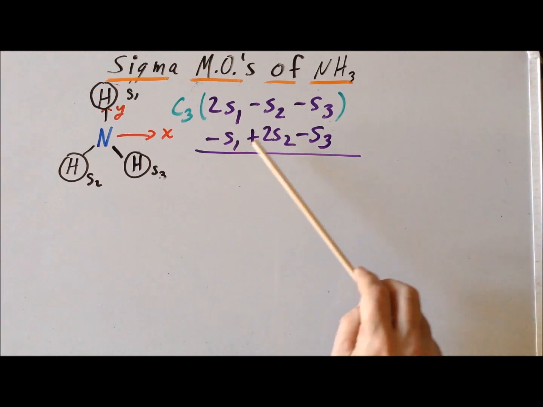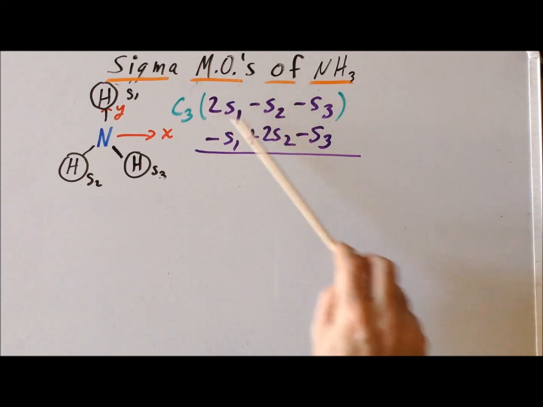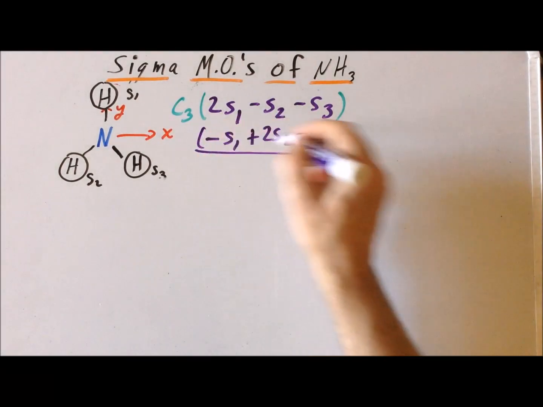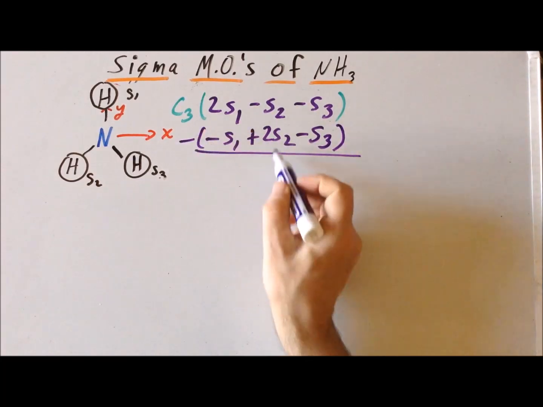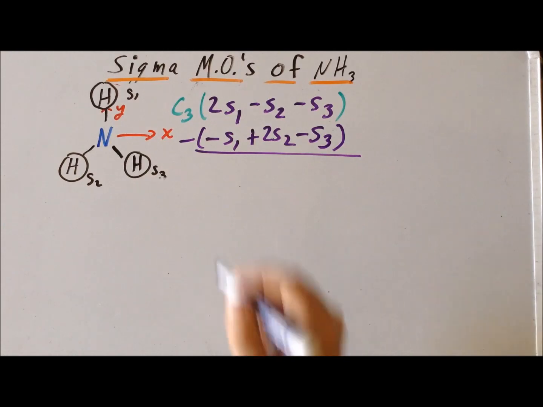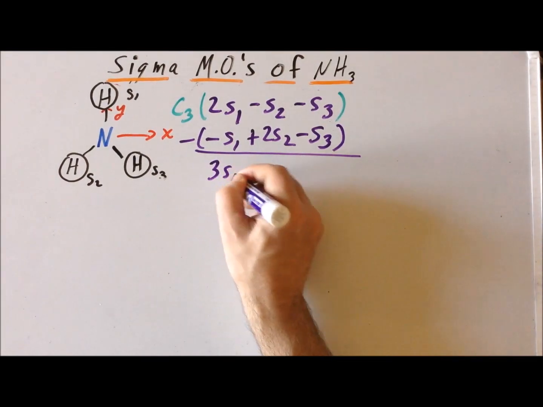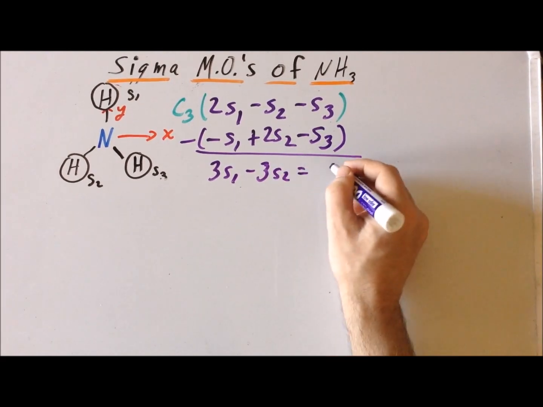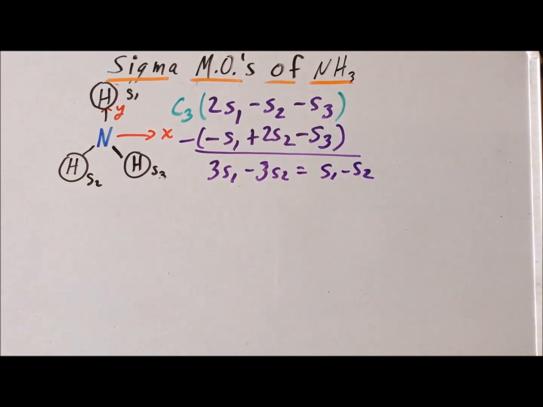The good news is if we subtract this expression from the first expression, it will actually give us the other member of the doubly degenerate pair. So we need to subtract the term on the second line from the first line. And if we do that, we get the expression 3S1 minus 3S2, which is the same as S1 minus S2.